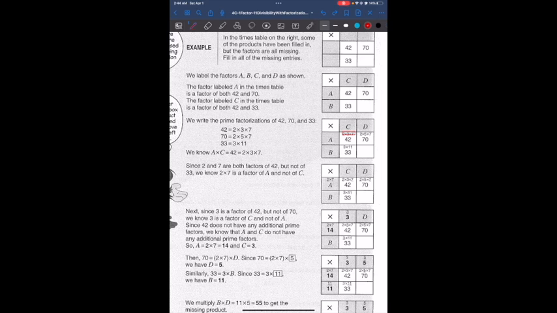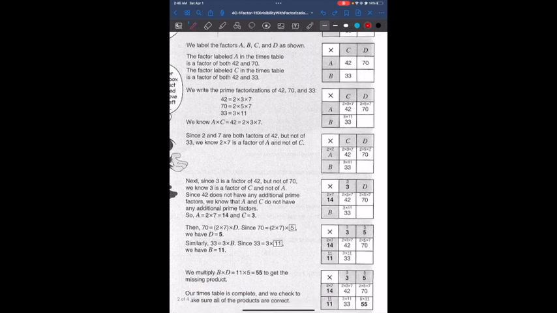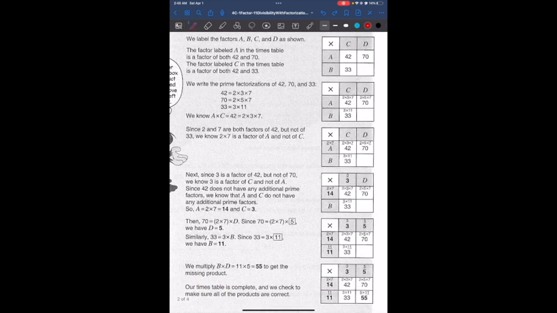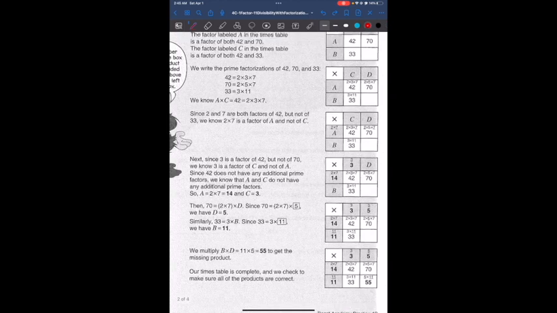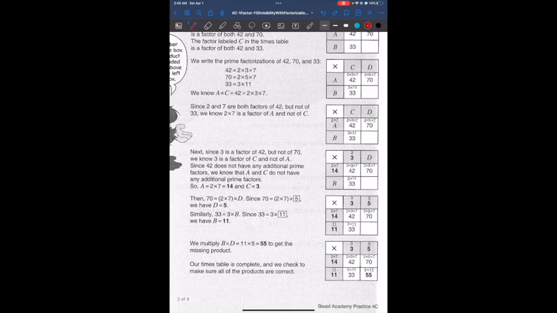Now we can also double check that because 7 is involved in 70, so that means it was horizontal, so it's involved with A. Next, since 3 is a factor of 42 but not of 70, we know that 3 is a factor of C and not A. And since 42 doesn't have any additional prime factors, A and C do not have any additional prime factors.